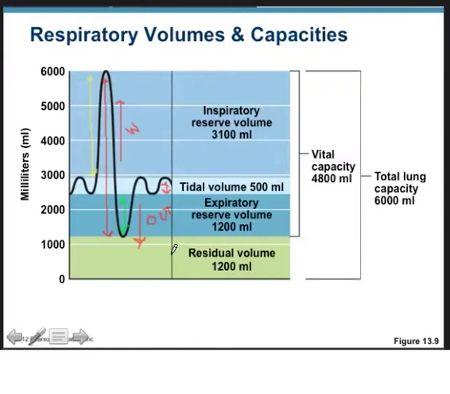So if you were to do a vital capacity, to breathe in as hard as you can and out as hard as you can, after the end of your vital capacity, the bottom of this red arrow right here, there would still be some air inside the lungs, and that is your residual volume, which we'll indicate with a white arrow right here.